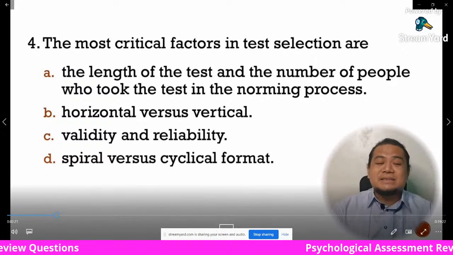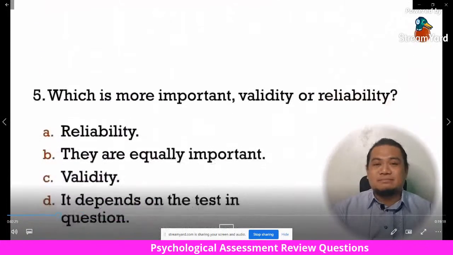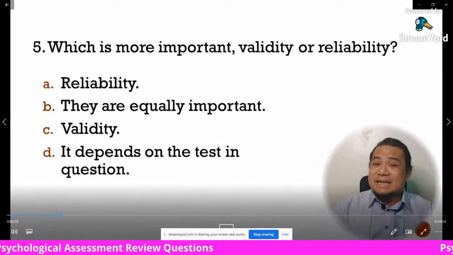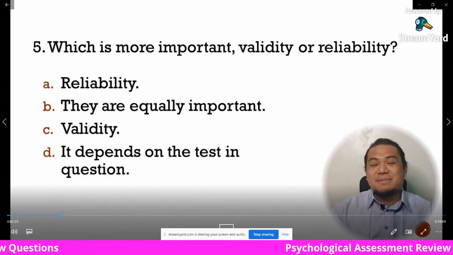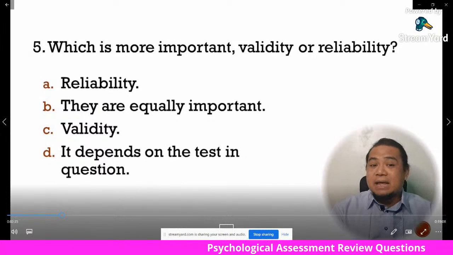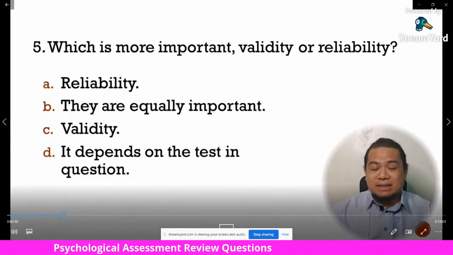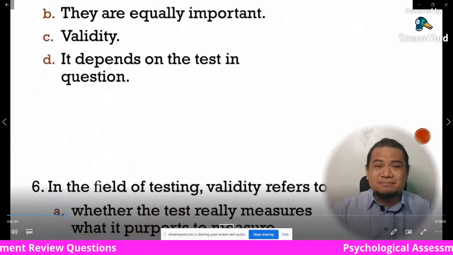And letter D, spiral versus cyclical format. Number 5, which is more important, validity or reliability? Is it A, reliability? B, they are equally important. C, validity. Or D, it depends on the test in question.